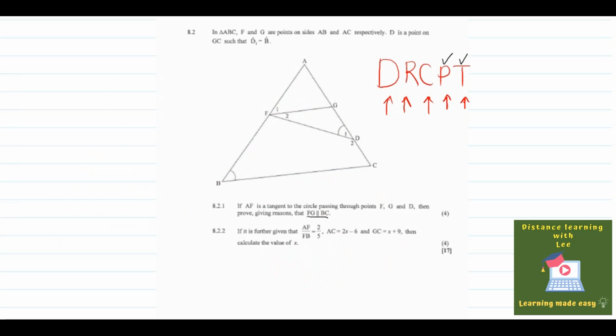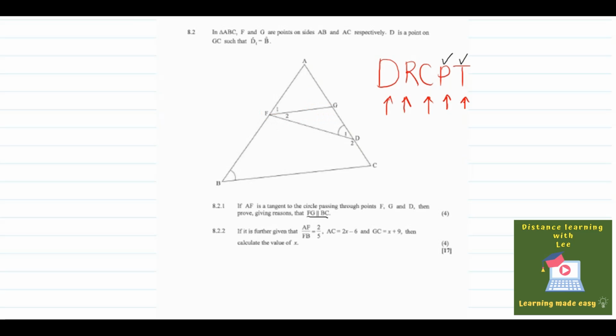So we need to use the proportionality theorem, which states that if you draw a construction line, which is FG, parallel to one side of the triangle, it intersects the other two sides, and divides those two sides proportionally.